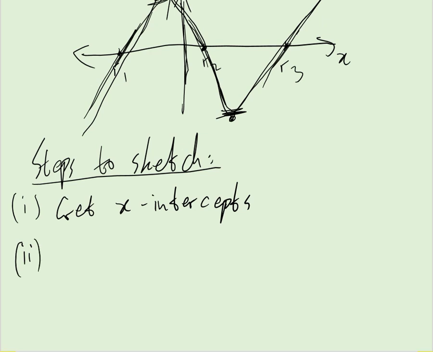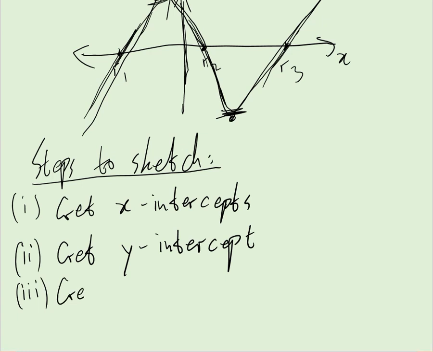There's only one y-intercept, and this one is normally much easier because you just set x to 0 and get whatever's left over. And then you need to find the 2 turning points, or the 2 stationary points.